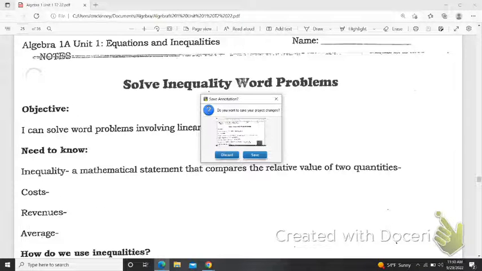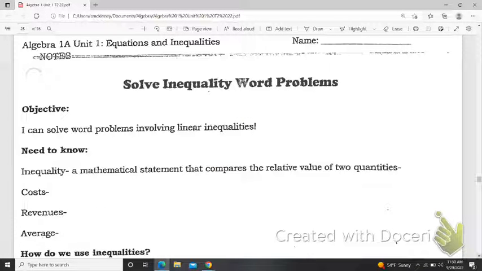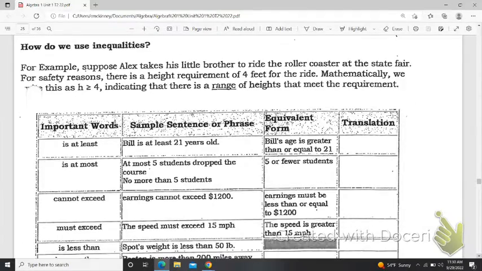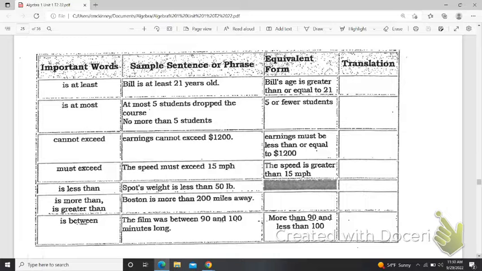You'll also see that sometimes things don't come out nice and neatly, oftentimes not. So just some simple ones first. If Bill is at least 21 years old, and we've done some of these in our translating lesson, I could say Bill is greater than or equal to 21.